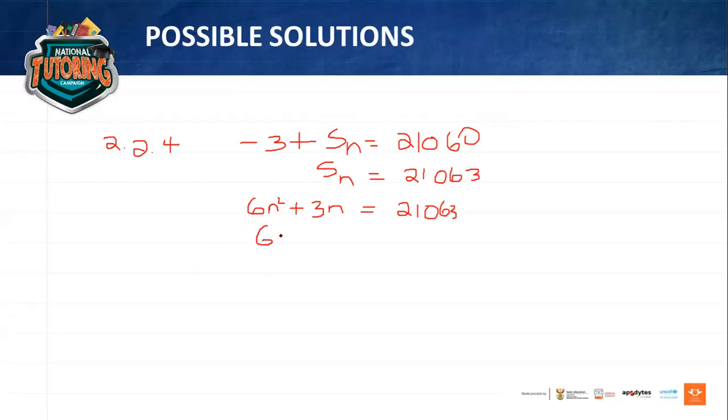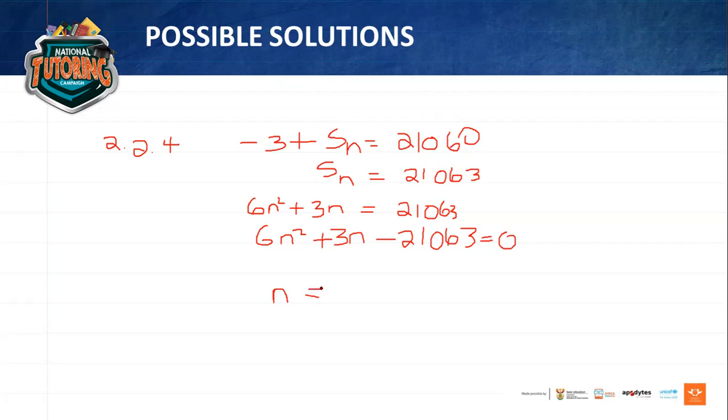From here, you take everything to the left, like last week when we were doing algebra, and you equate it to 0. Because we cannot easily get the factors, we have to use the quadratic formula. When you use the quadratic formula, you get 2 answers for n.